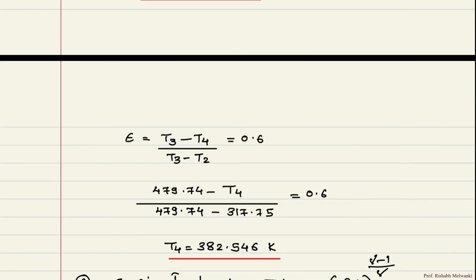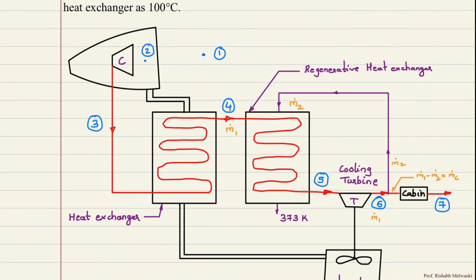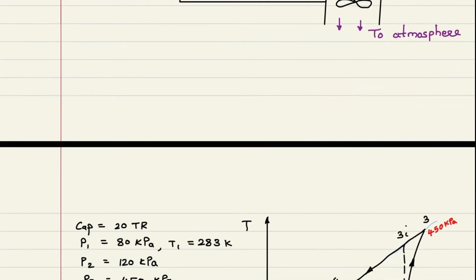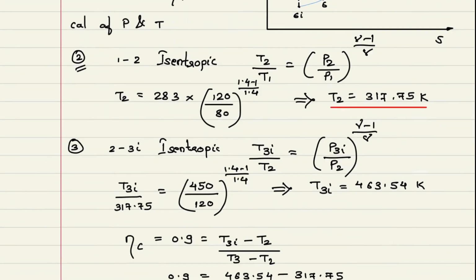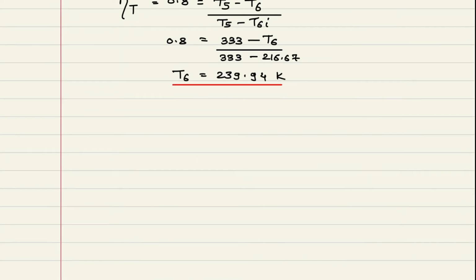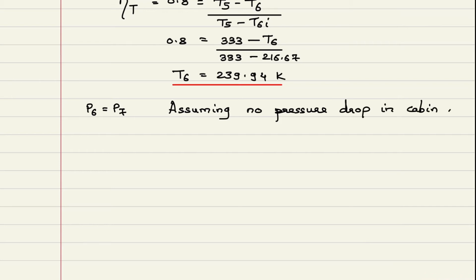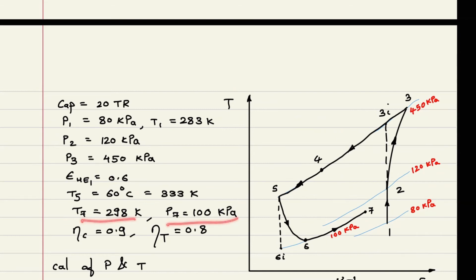Now for the pressure of point 6, P7 pressure is given and P6 pressure is not given, so we have assumed that there is no pressure drop in the cabin. So P6 is equal to P7, assuming no pressure drop in the cabin. T7 and P7 are given for point number 7. So we have calculated pressure and temperature for all the points.